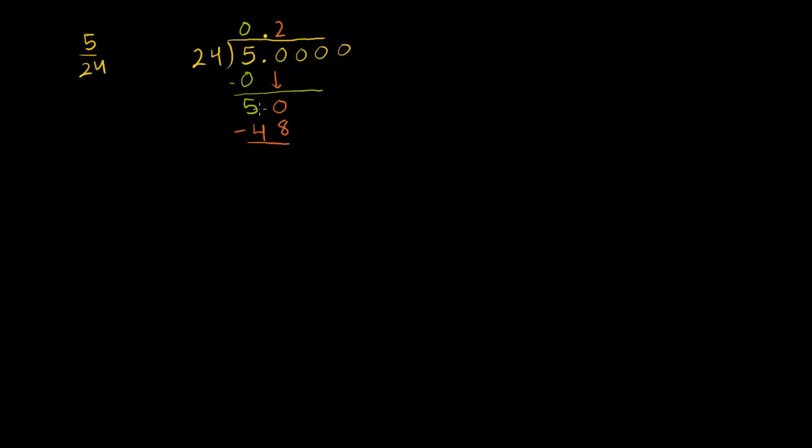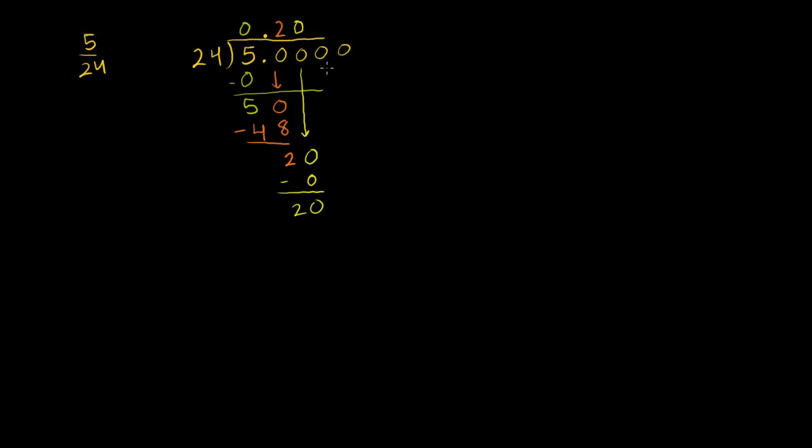Now we subtract. 50 minus 48 is 2. Bring down another 0. We're going to keep bringing down zeros until we have no remainder. So bring down another 0. 24 goes into 20 0 times. 0 times 24 is 0. 20 minus 0 is 20.